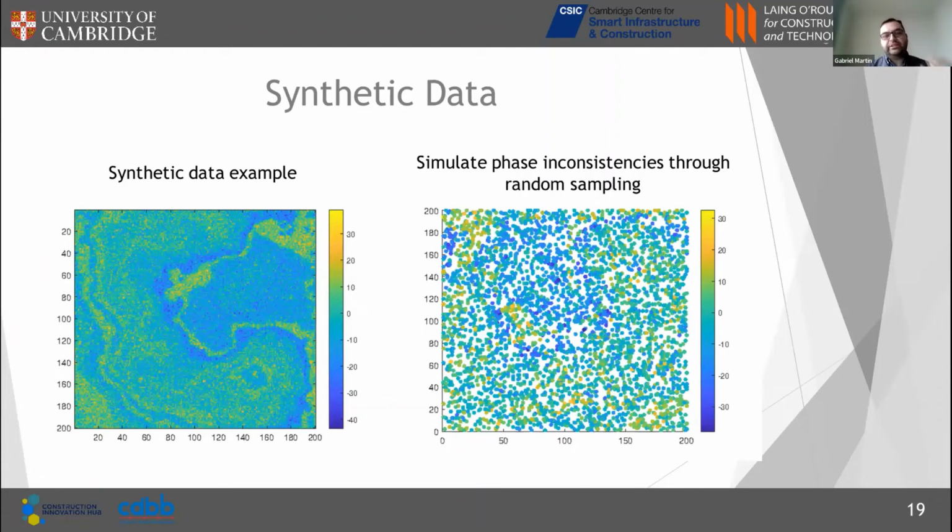This is the result that we obtain after adding the noise. And then for simulating the phase inconsistencies: in InSAR data, because not every point reflects the signal, you get a sparse set of points where you get the time series, but there are other points where you don't get anything. To simulate this behavior of multi-temporal InSAR data, we just randomly sample different pixels in space.